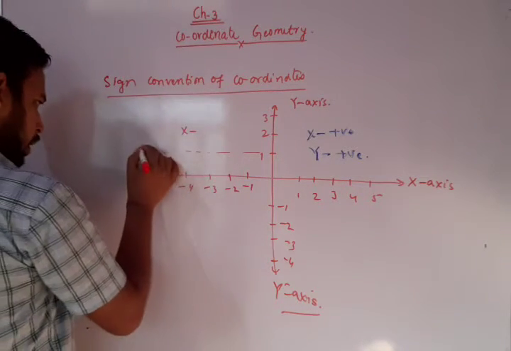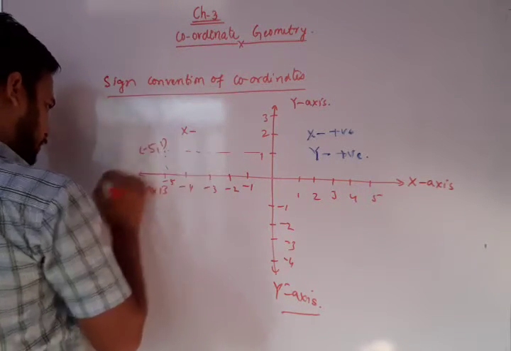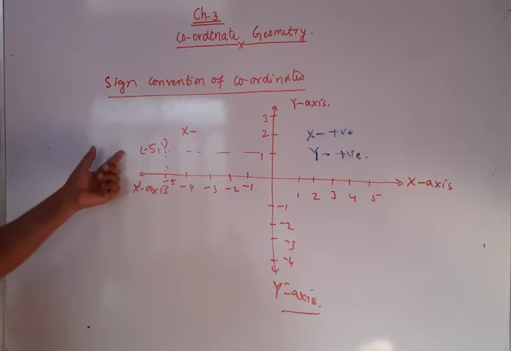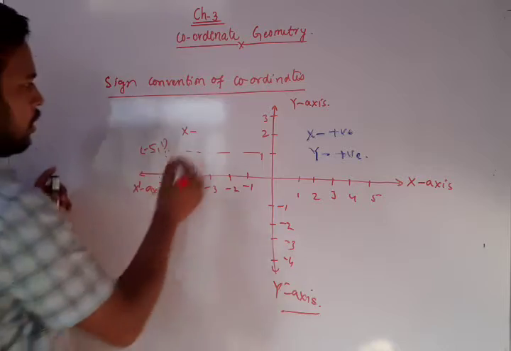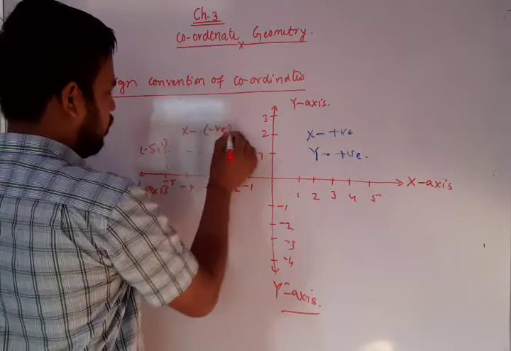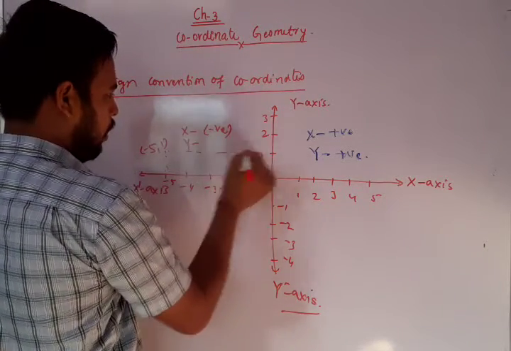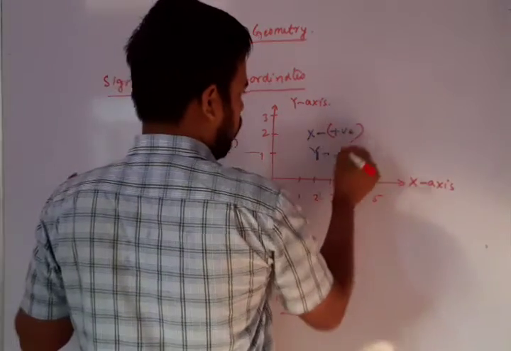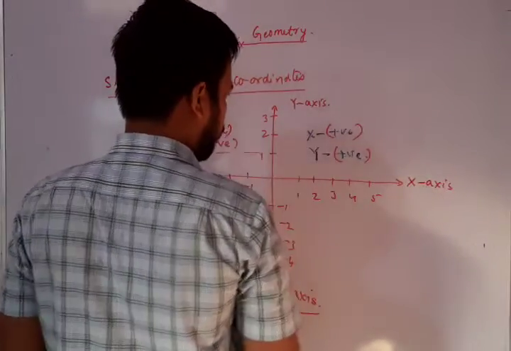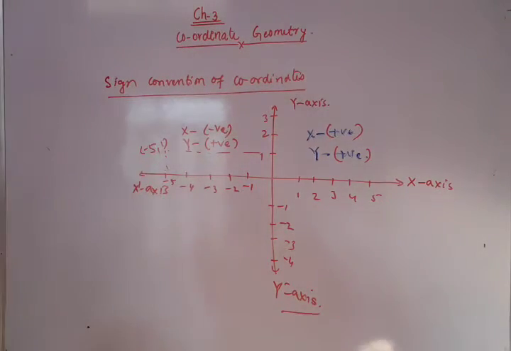So x is -5 and y is 1. So x will always be negative and y will always be positive. Here positive, positive. Here negative, positive.